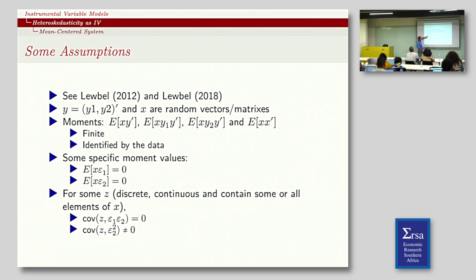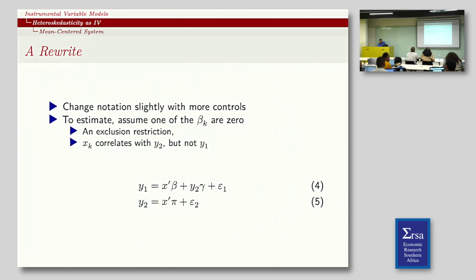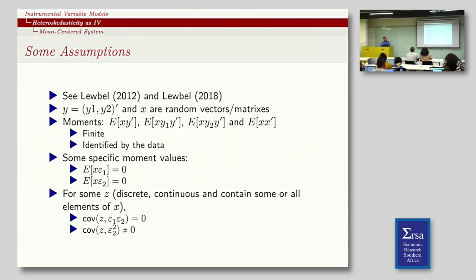We need the x's to be uncorrelated with the first term error and the x's to be uncorrelated with the second term error. At least that's what we would like, right? Because our endogeneity problem is with y2. Okay, so we want the x's to be exogenous, but we're not worried about what the endogeneity problem was with y2. So these moments are just statements about exogeneity of the x's. That's not meant to be particularly problematic.